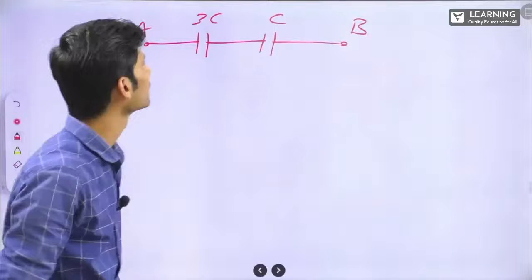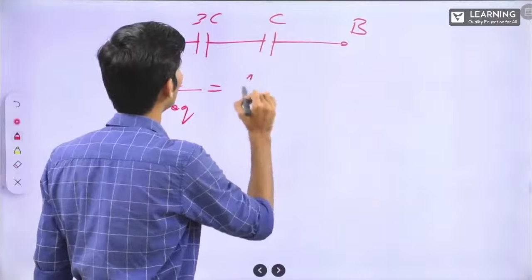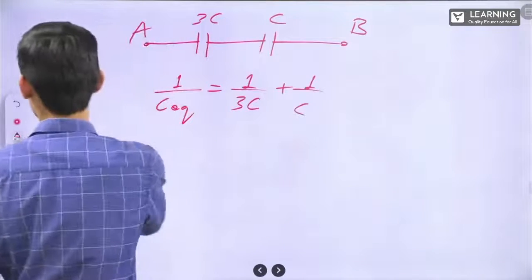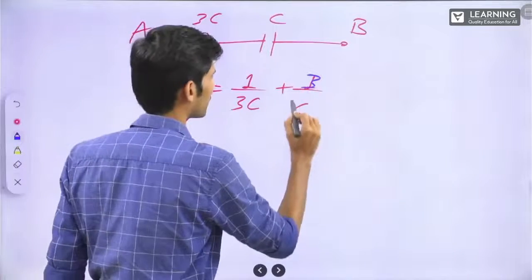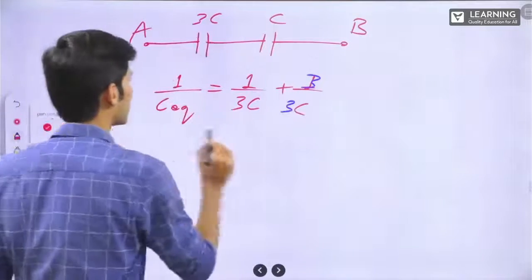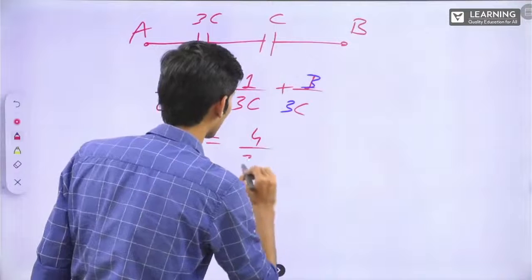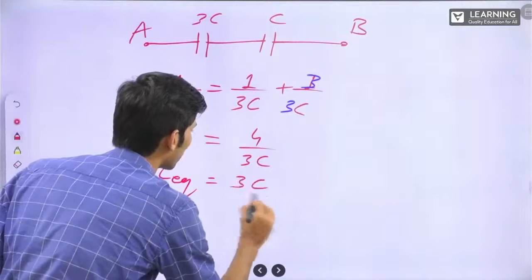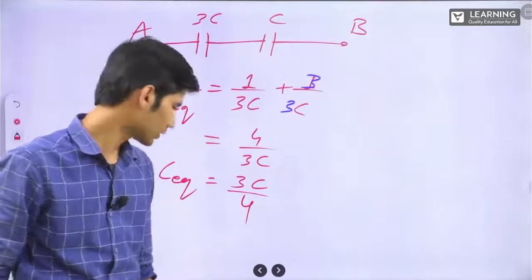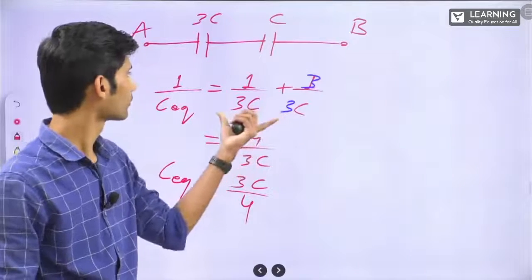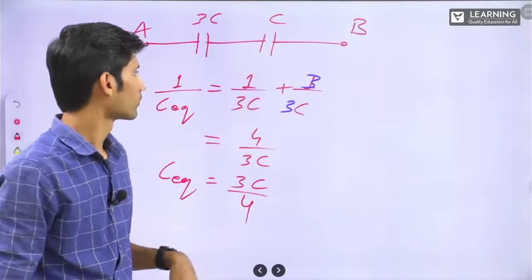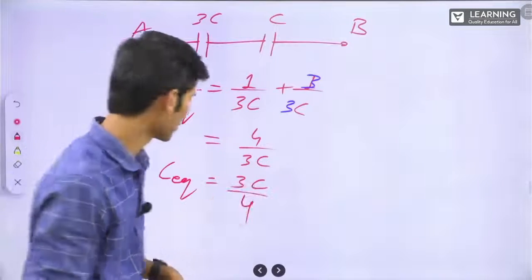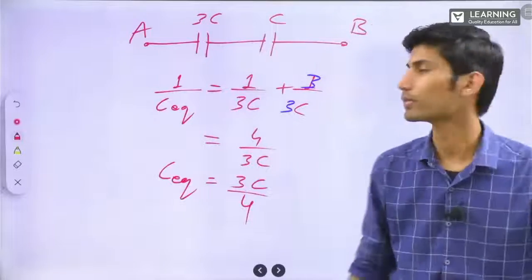So 1 upon C equivalent is equal to 1 by 3C plus 1 by C. Solving it easily, 1 plus 3 by 3C, so that is equal to 4 by 3C. So C equivalent is equal to 3C by 4. Clear? Note it down.